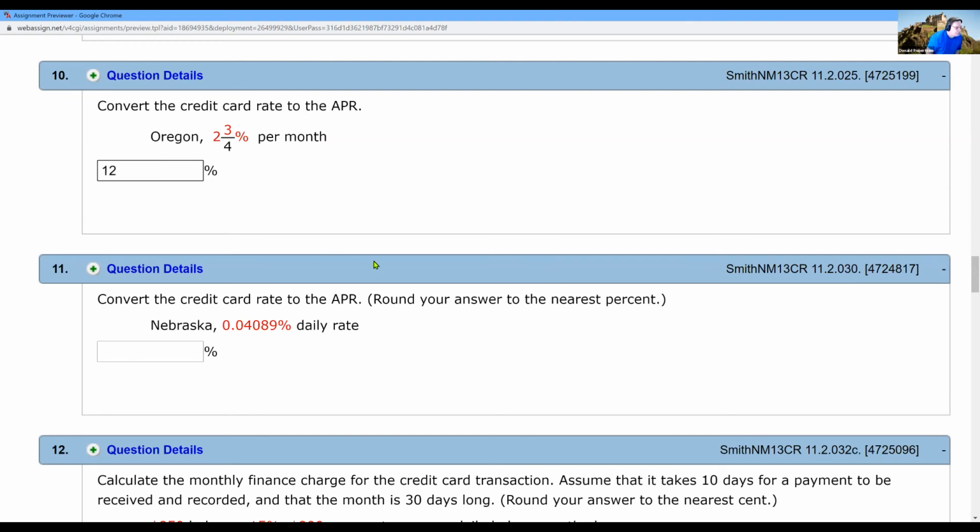Well, it's definitely 12, isn't it? Like 12 months in a year. So times 2 3/4, I would probably turn it into 2.75 because it makes it easier. And 12 times 2.75. Wow.